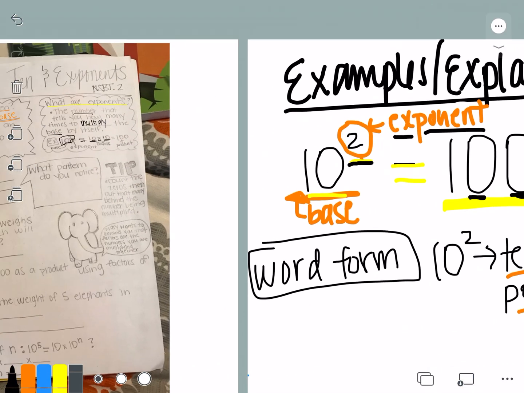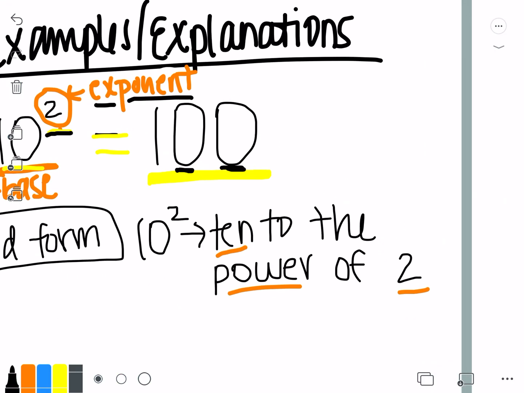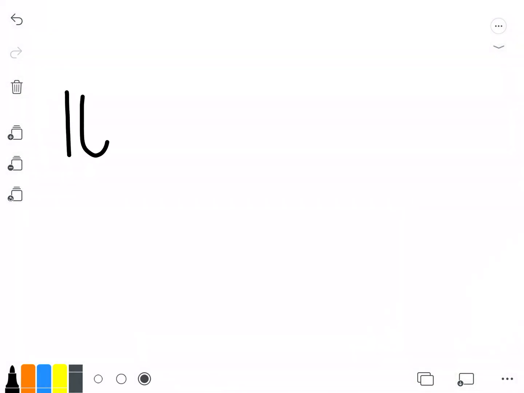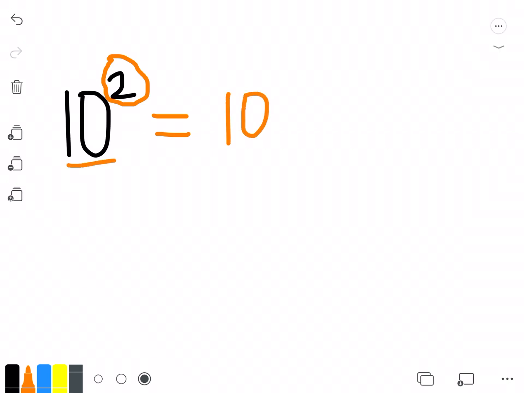So I'm going to scroll over really quick and add in a page here. So I have 10 to the power of 2. What this says is, Miss Jordan, you have a 2 as your exponent. Take your base, write it 2 times, and then just multiply it together. Now, where does my actual answer come from?